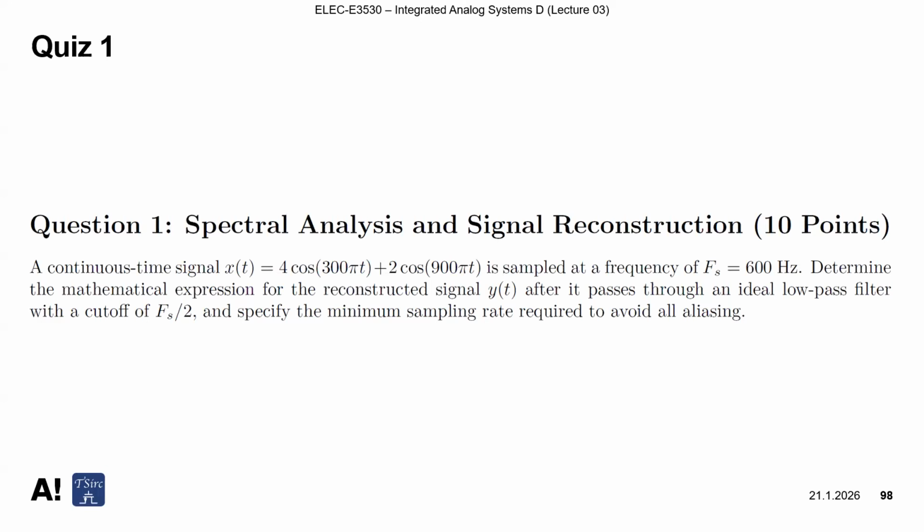What it means is that when we sample this signal, this is the sampling rate, then this is the Nyquist rate. And after sampling, we take an ideal low-pass filter with cutoff at the Nyquist rate.